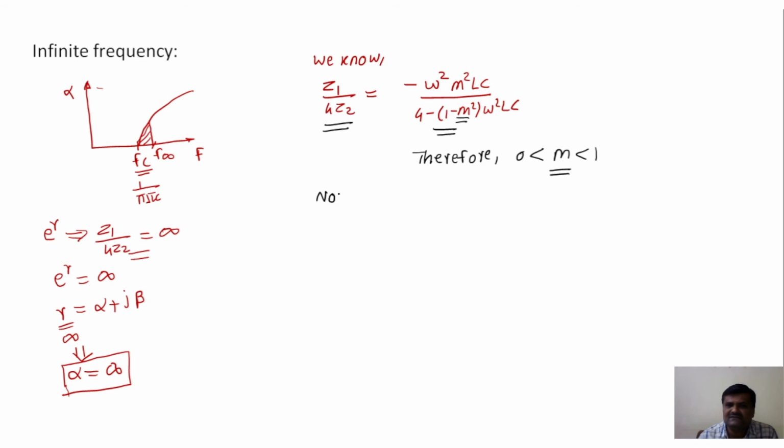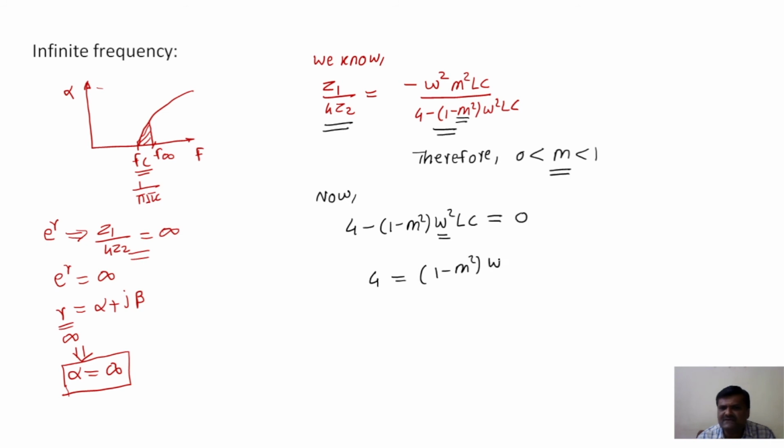Now, what is our aim? To keep 4 minus 1 minus m square omega square LC equal to 0. I try to find the frequency at which it becomes infinity. So I take this 4 to the other side: 4 equals 1 minus m square omega square LC.